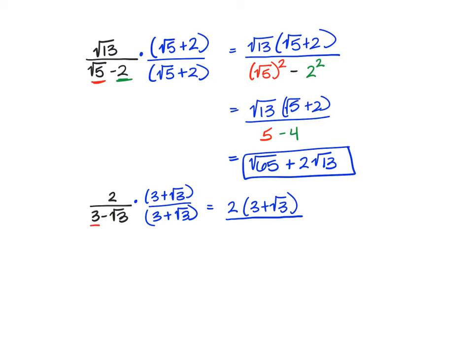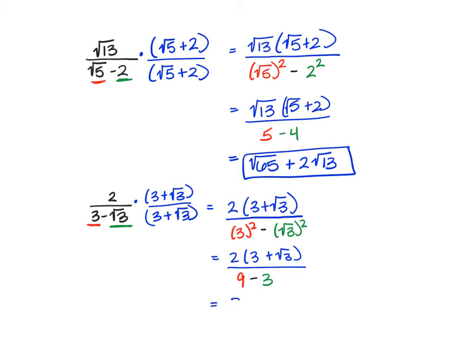And then we're going to square our first one. So we have 3 squared. And then you're going to square your second term. So root 3 squared. This will give me 2 times 3 plus root 3 over 9 minus 3, which is 6.